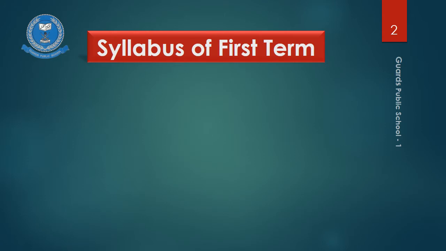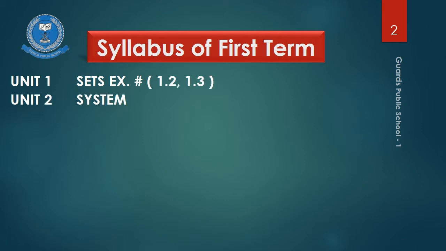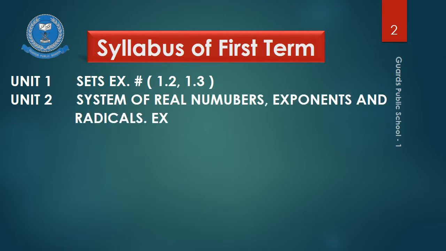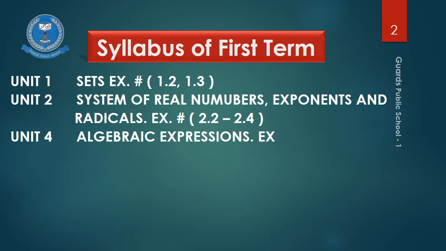Syllabus of first term: Unit 1, Sets, exercise number 1.2 and 1.3. Unit 2, System of real numbers, exponents and radicals, exercise number 2.2 till 2.4. Unit 4, Algebraic expressions, exercise number 4.2 till 4.4.